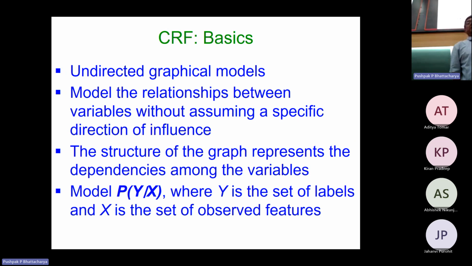Now we have to model the probability of Y given X, where Y is the set of labels and X is the set of observed features. Note the change in wording. X was the sequence of words, but now X has become a set of features. The input is the sequence of words, but you have a set of observed features.